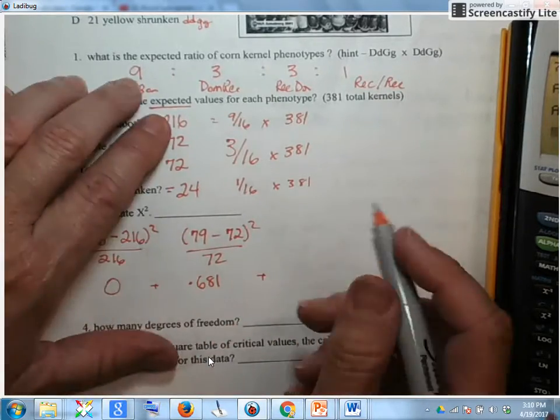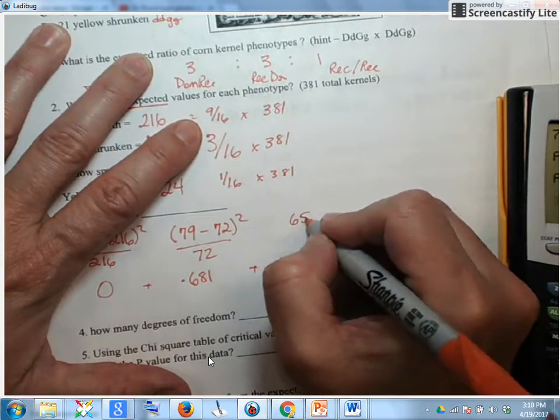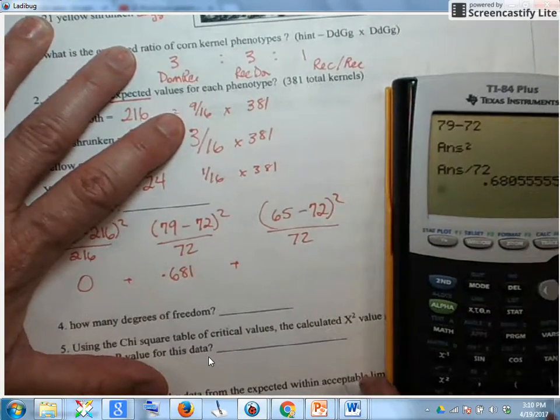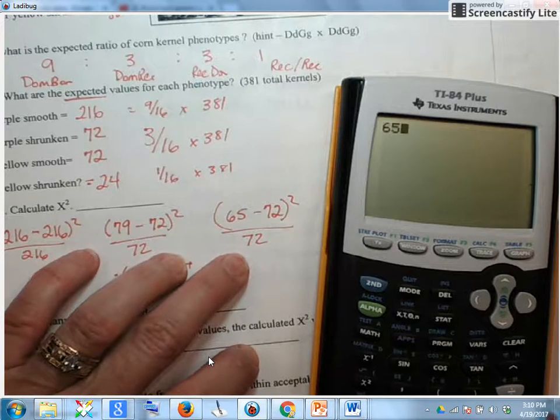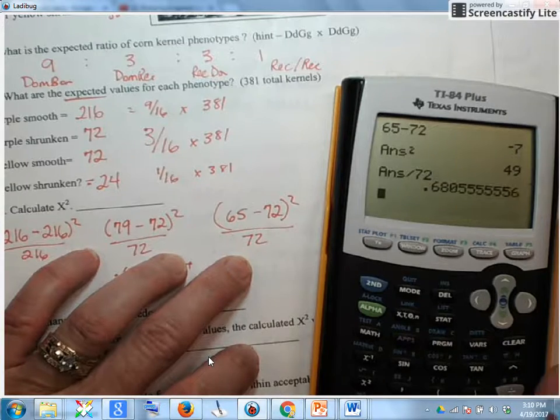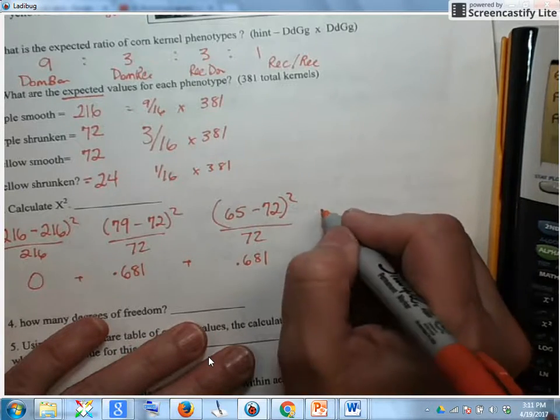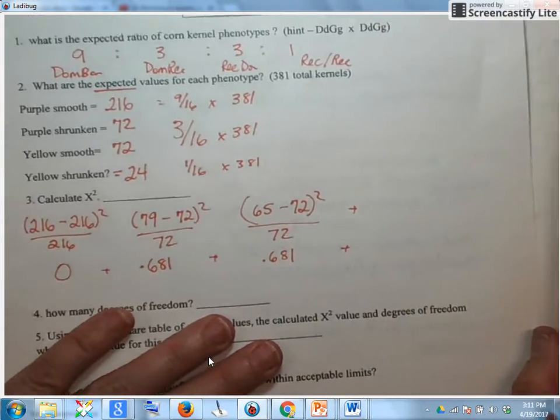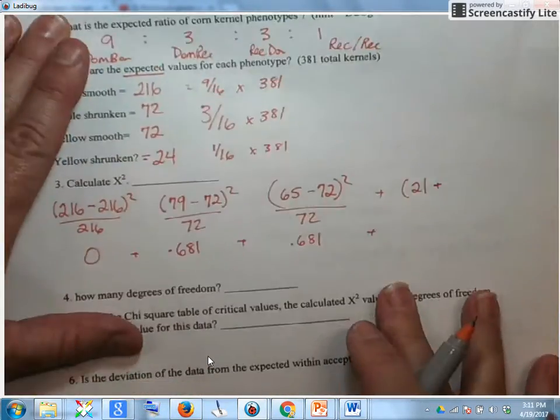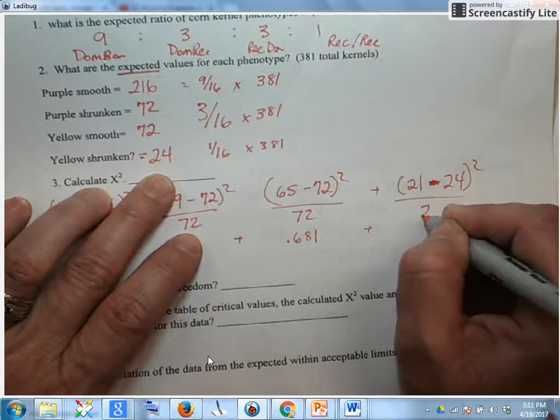Okay. Plus, what is our next observed value? Our next observed value is 65 minus 72 squared divided by 72. Same answer, 0.681. And finally, we observed 21, yellow shrunken. We expected 24, square that, divided by 24.